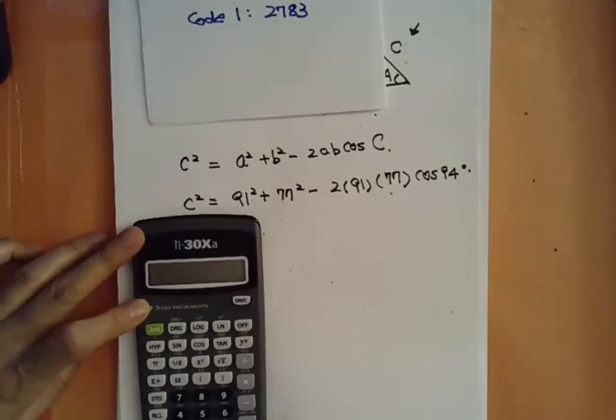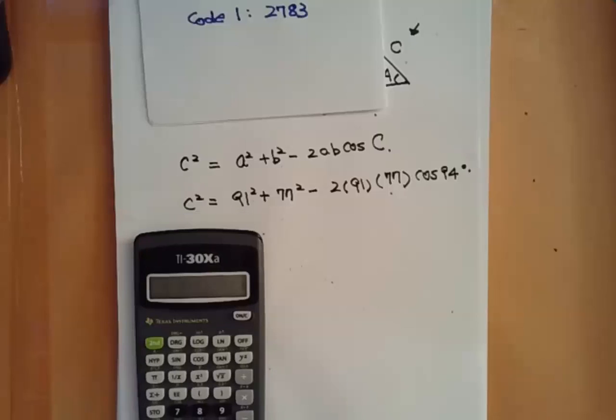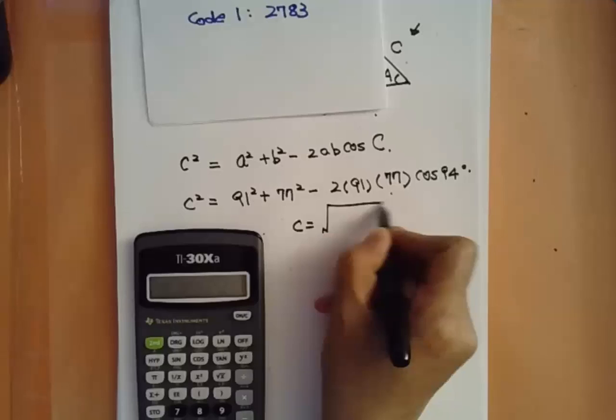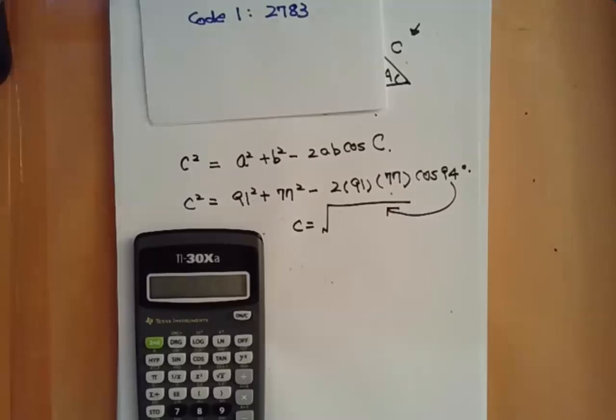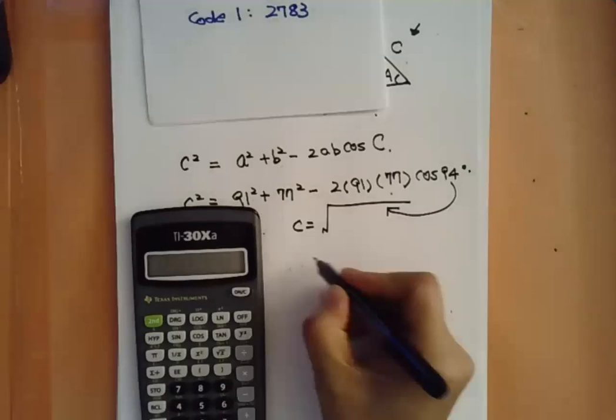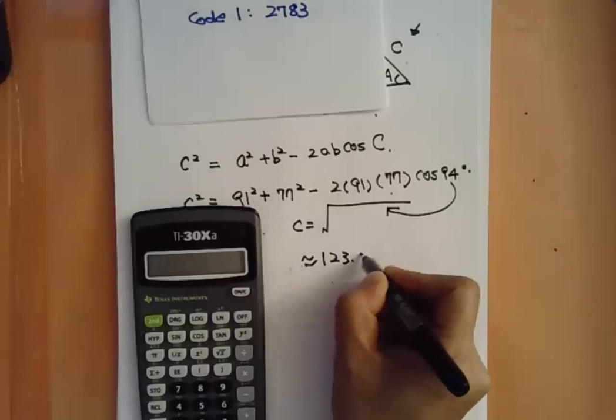And then I would change the sign because of this, plus 77 squared plus 91 squared, equal. And then we want to get c equals square root of this one. So all we have to put is a square root. So it'll be 123.2.